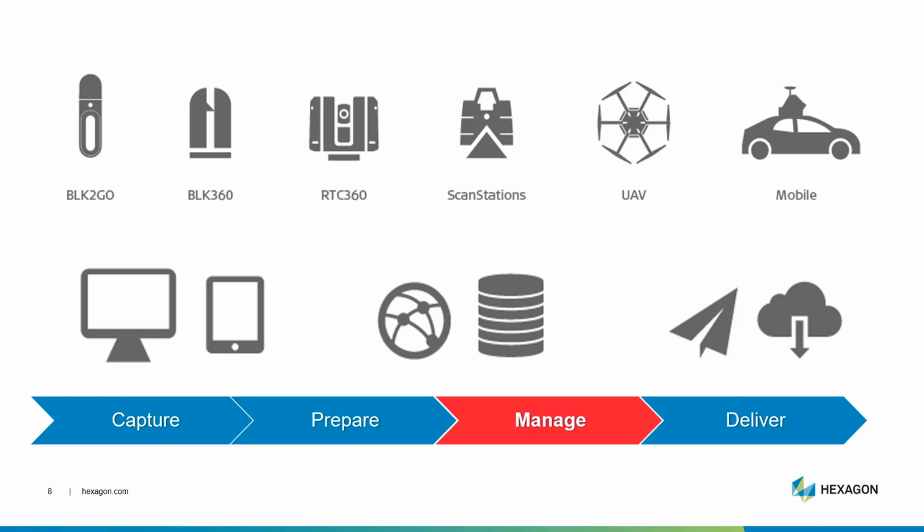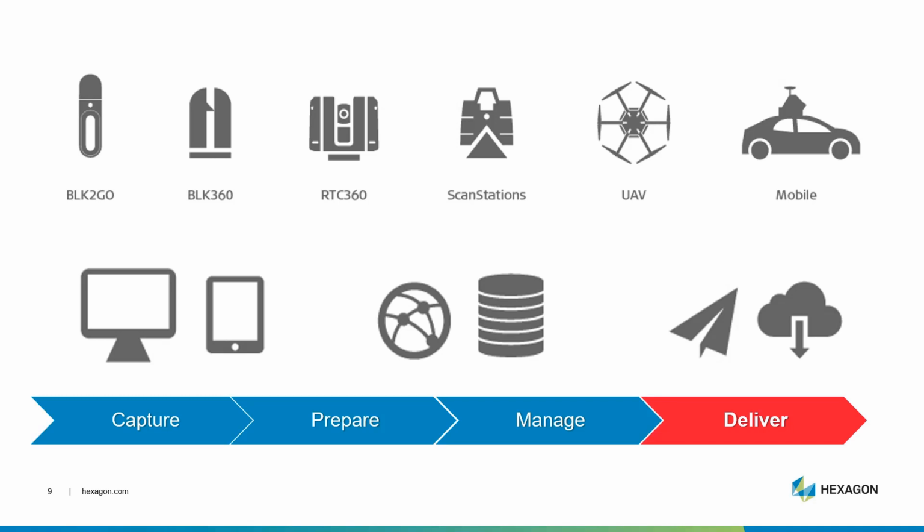Then we have the manage aspect, and that's where a lot of JetStream comes in. We'll talk about that later, but effectively we're getting the data in a place that is centralized and easy to access from multiple locations, and that allows us to then deliver the data to our end users.